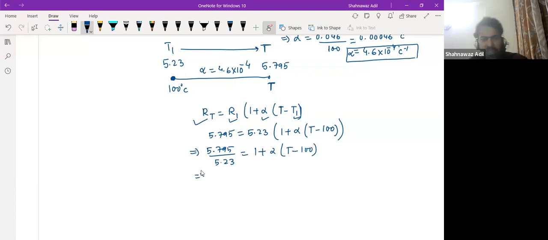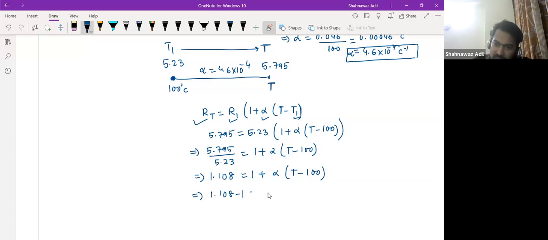So 5.795 divided by 5.23, how much is that? 1.108 equals 1 plus alpha times (T minus 100). So 1.108 minus 1, this is 0.108 equals alpha times (T minus 100).